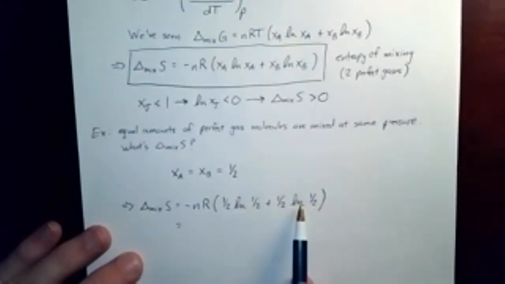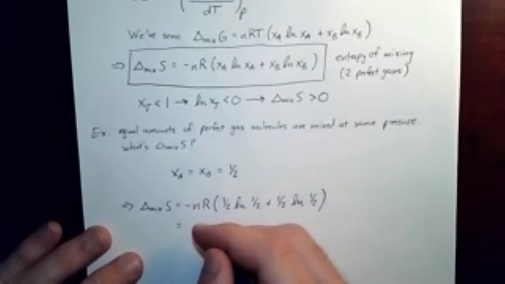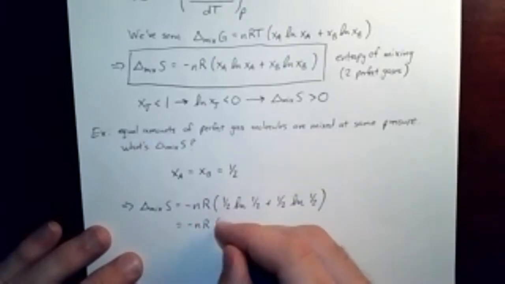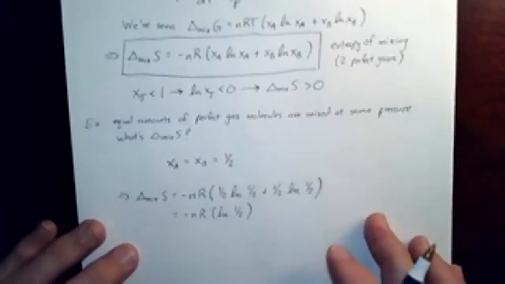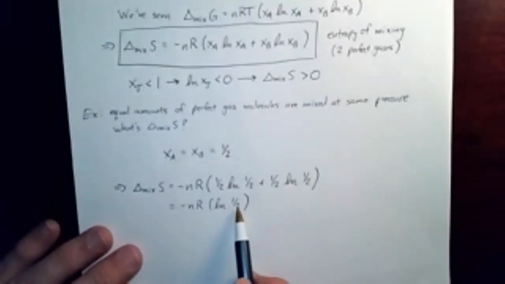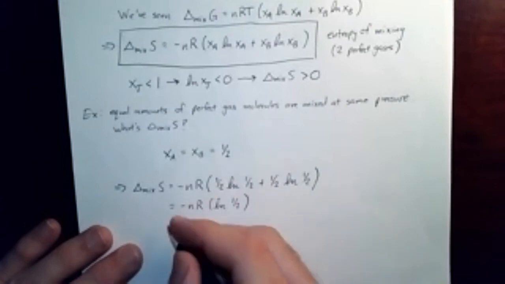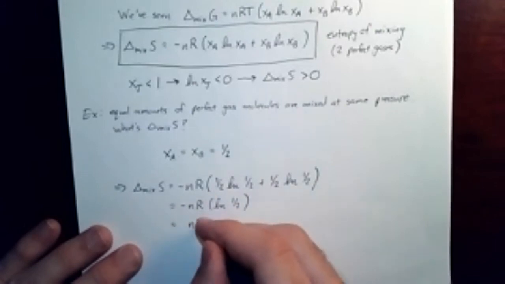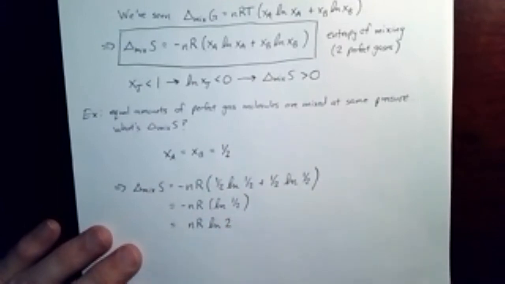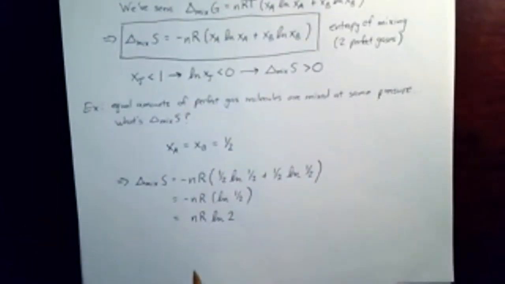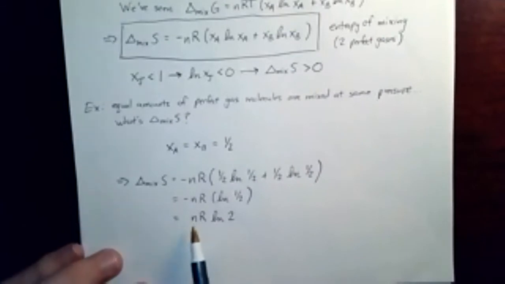I'm going to add these two terms together, and I get ln of a half. And then I'm going to do what I did before. I'm going to write this as ln of 2 to the negative 1, bring the negative 1 out in front. And now if I know the total number of moles, I can find the entropy of mixing.